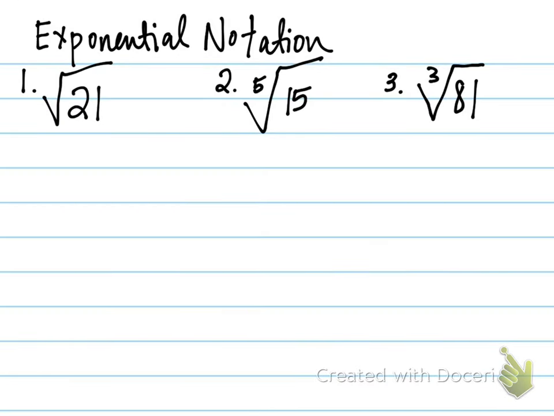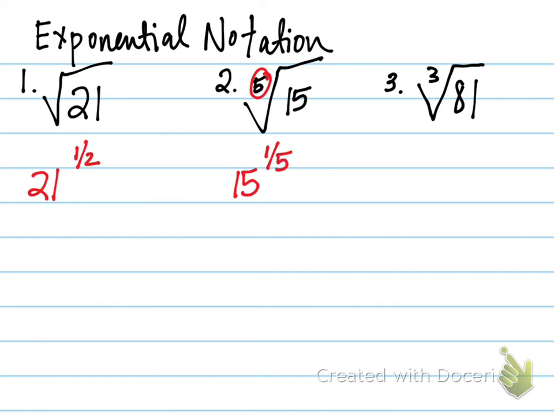So in numbers 1 through 3, we're wanting to write them as exponential notation. So the square root of 21 could be written as 21 to the 1/2 power. If we have a fifth root, then that would be the same thing as saying 15 to the 1/5 power.